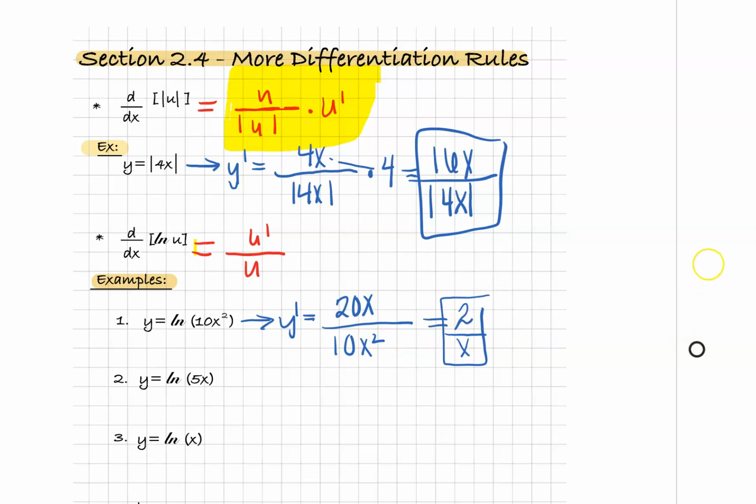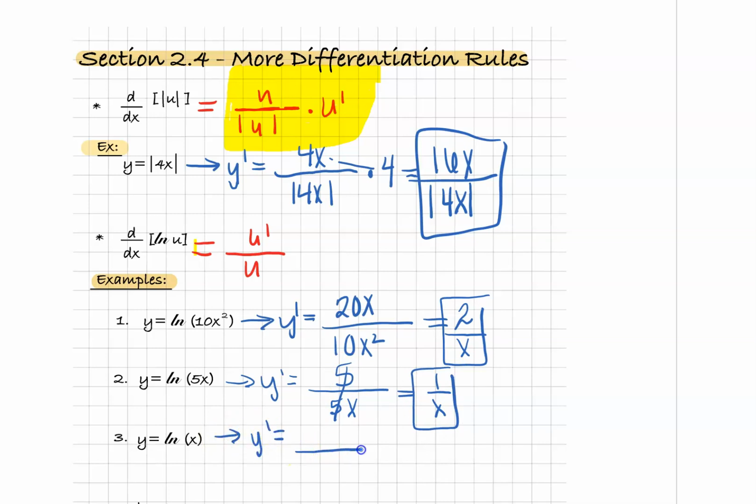Let's do it again. ln of 5x, so its derivative would be, put whatever you're taking the natural log of on bottom, put its derivative on top, and then clean it up. So that gives me 1 over x. Let's do it again. Y prime would be equal to, whatever you're taking the natural log of on bottom, whatever its derivative is on top, and that would be your answer.